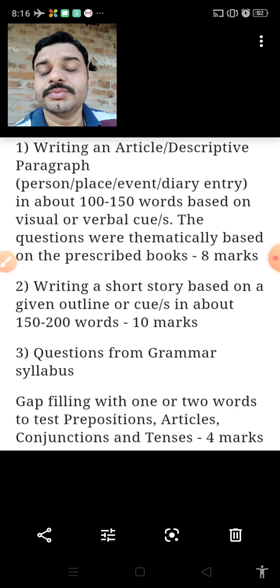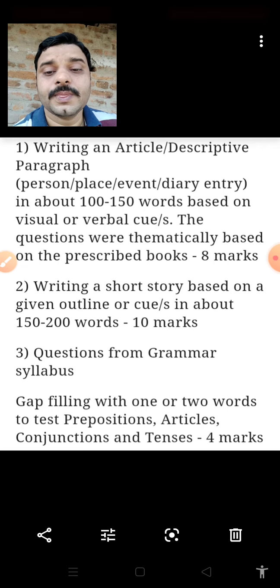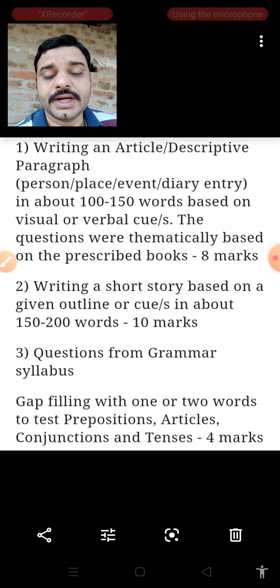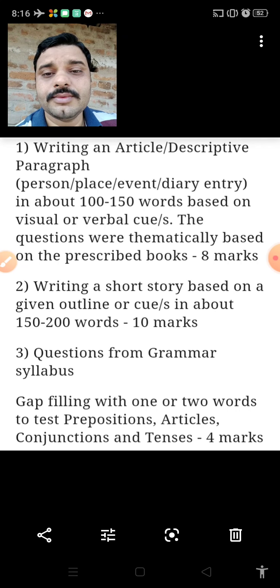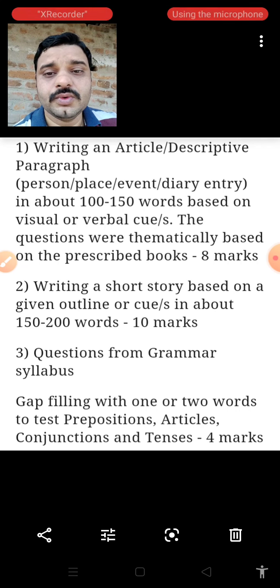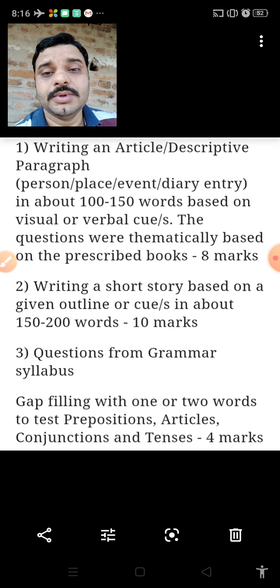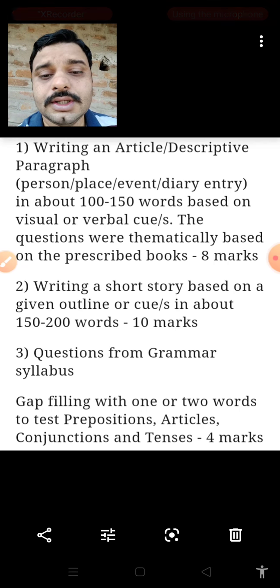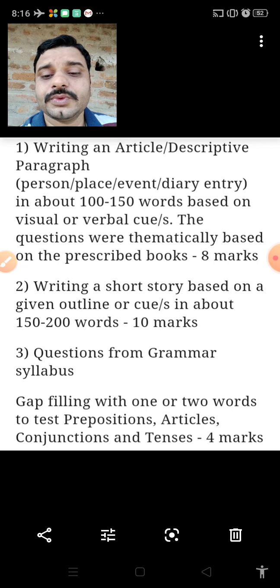Sufficient verbal cues or pictures may be given there, and sometimes some cues are given for writing the paragraph or article. You have to follow that. That makes writing easy, but you have to be very careful about your grammar aspect, because if you write inaccurate English, marks will be deducted. It is in the guidelines.